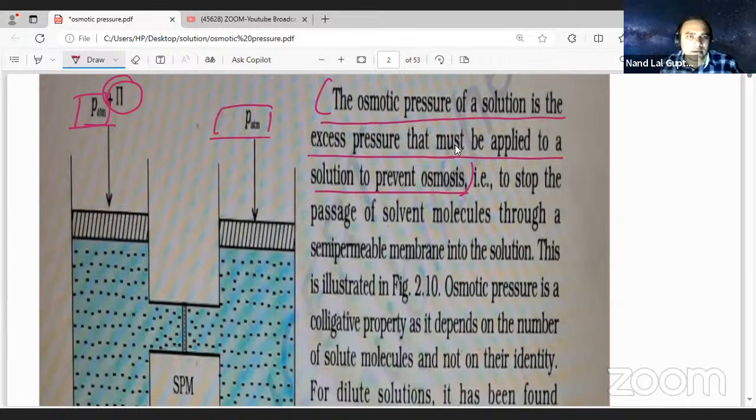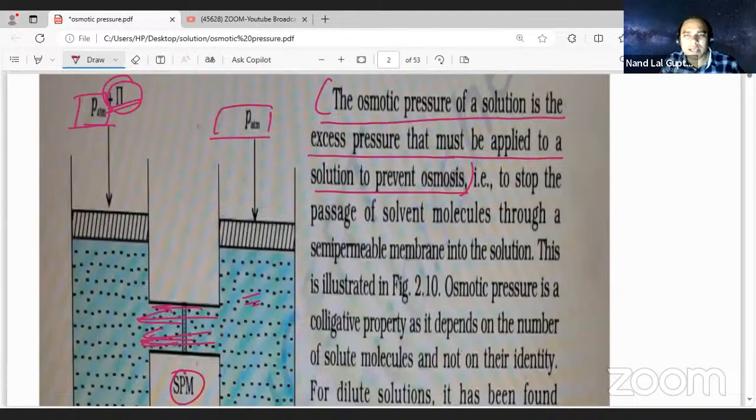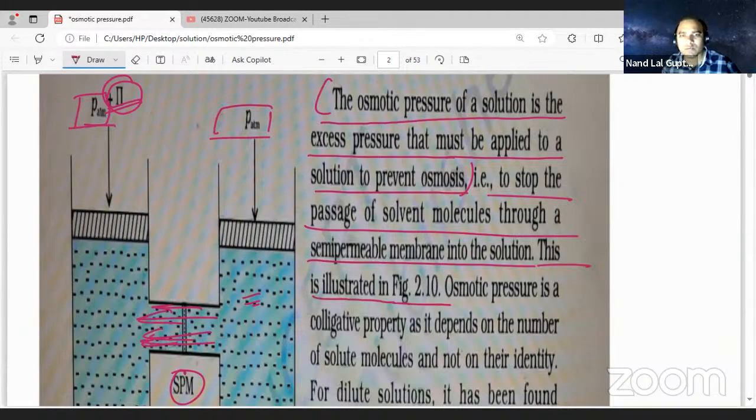Here the pure solvent is on this side, and this is the solution. The particles are obviously going to move this way. This is the semi-permeable membrane already mentioned, so we have to stop this. Whatever extra pressure we apply to stop the passage of solvent molecules through the semi-permeable membrane into the solution is osmotic pressure. This is illustrated in figure 2.10.